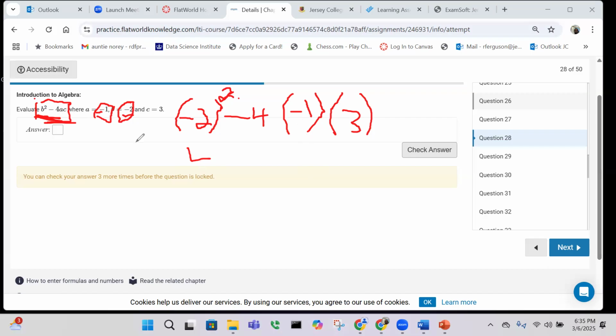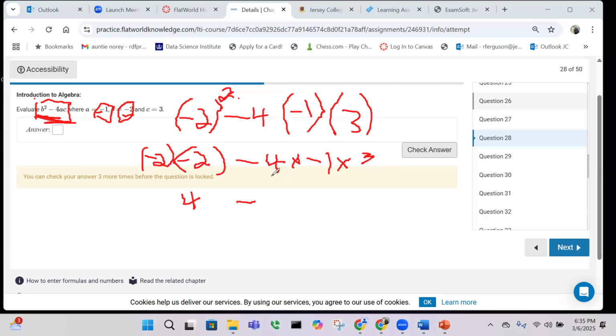In fact, I'm going to write out the steps right here. -2 times -2. That's where the 4 comes from. And then this side, -4 stays, but -4 is times -1 times 3. Again, we're going to multiply before we add. So over here, I'm going to do 4.